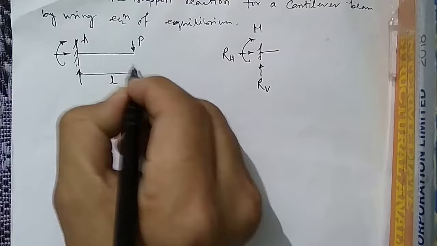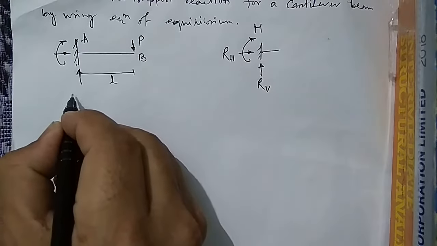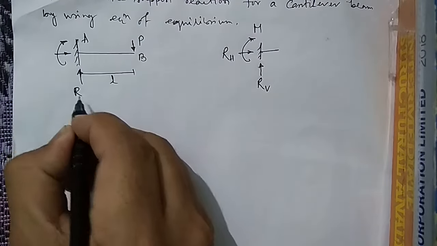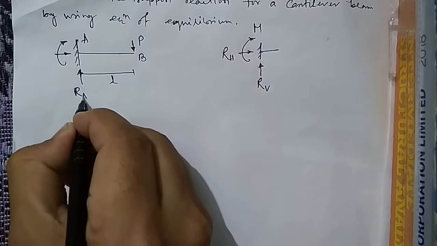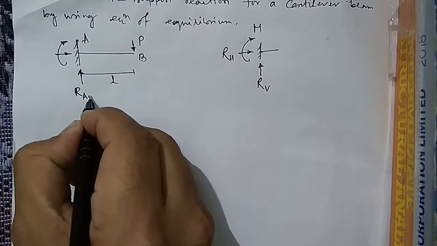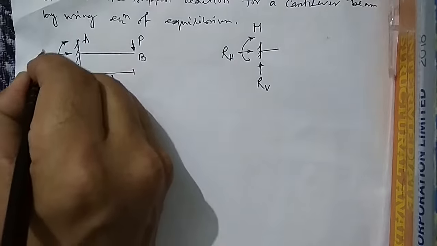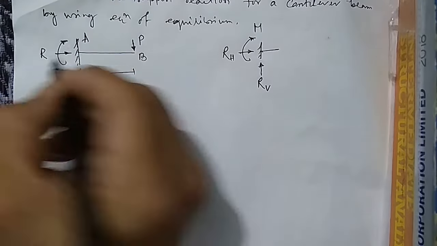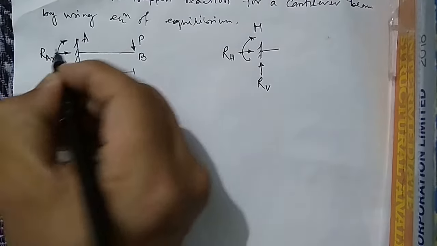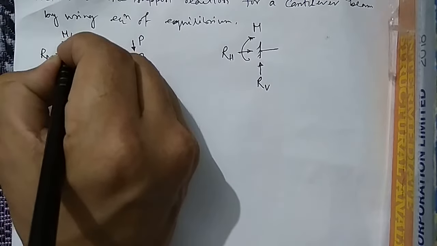Suppose this is A, B. This one is the reaction force at A in the Y direction. This is the reaction force at A in the X direction, and this is the moment at A.